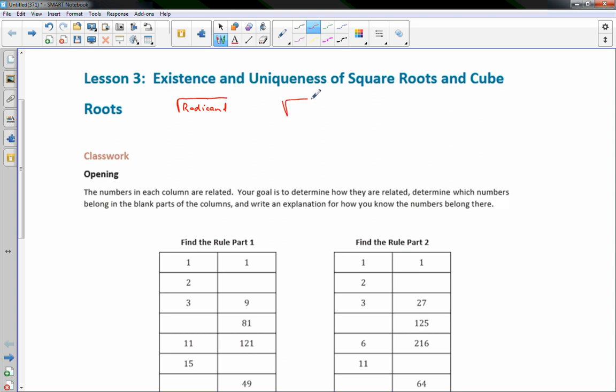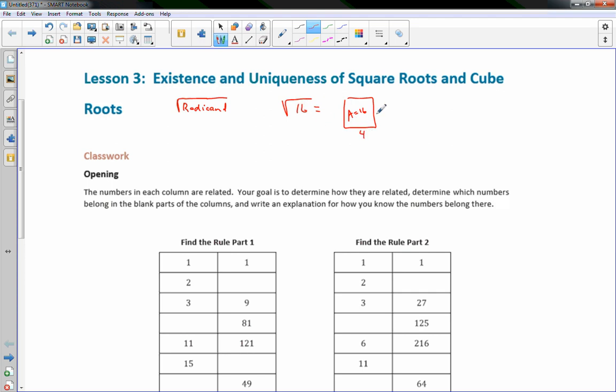If I asked you what the square root of 16 is, what I'm really asking you is, if I had a square and the area was 16, what is the length of one side?